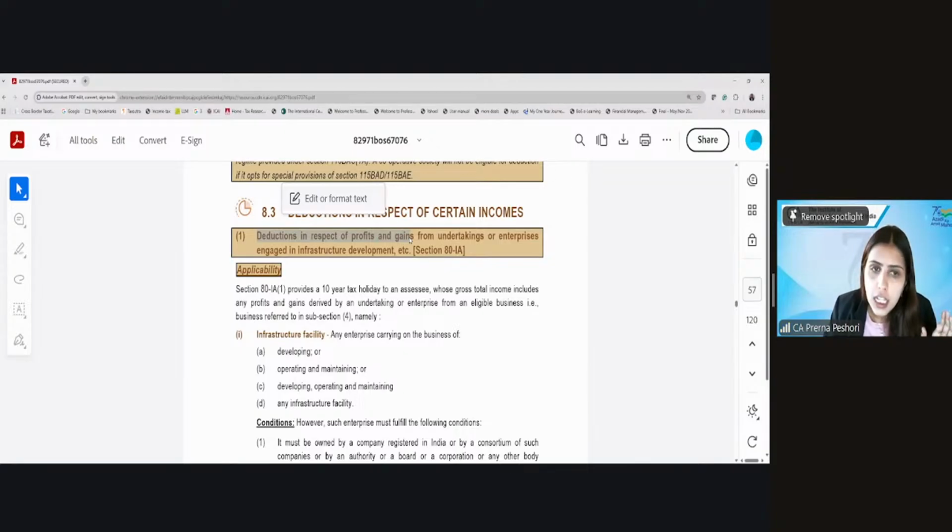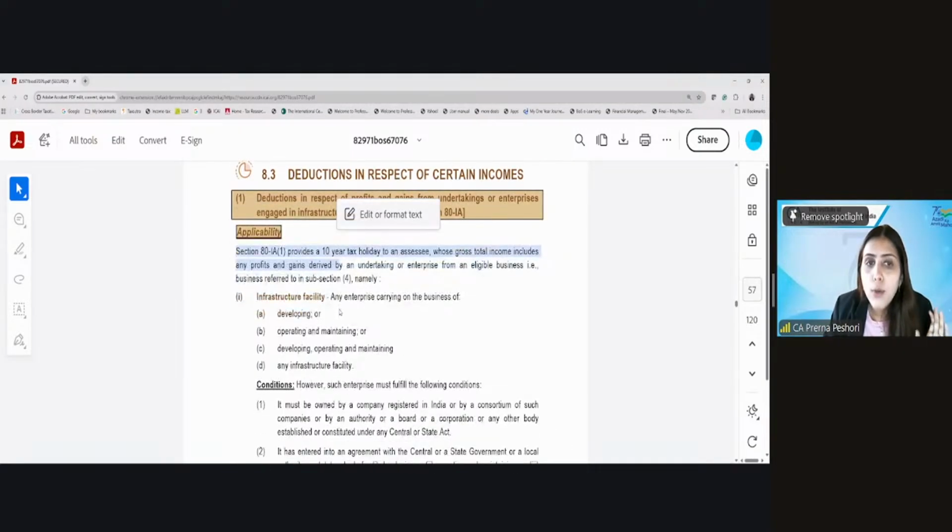If the undertaking has profit from this eligible business, then you can claim the deduction under section 80-IA. What are the eligible businesses? First is infra facility: developing, operating and maintaining infra facility. Either developing the infrastructure, or operating and maintaining it, or doing all three.